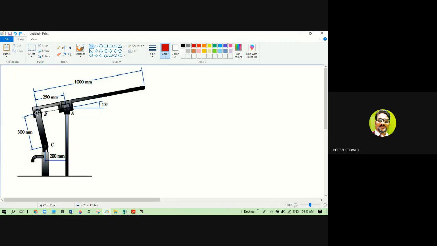See here, the first is this link. This is the handle. The line joining A and B is the handle. The line joining B and C is the connecting rod or the oscillating link.